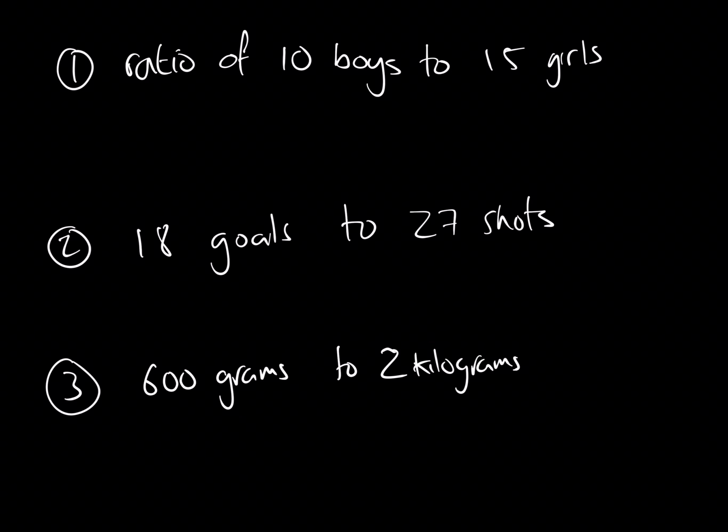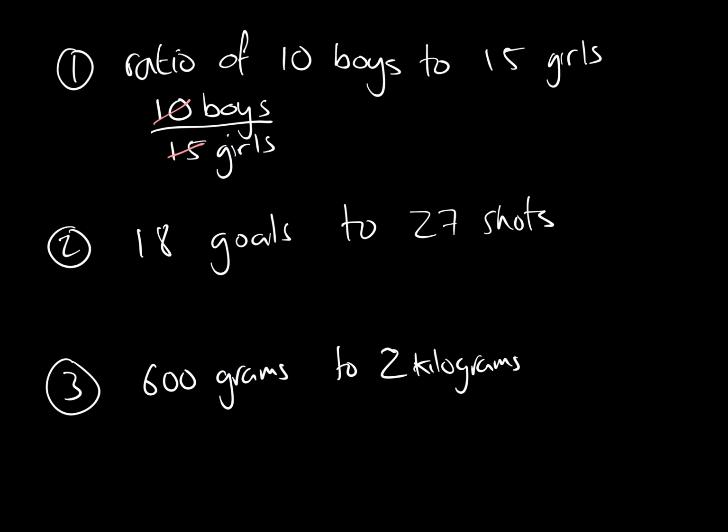Okay, so let's have a look at the first question. It says we have 10 boys to 15 girls. We can write this as a ratio by having 10 boys to 15 girls. Now we need to put this fraction into the simplest form. As you can see, the greatest common factor of these two numbers is 5.